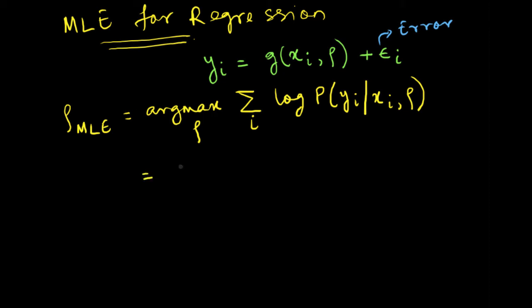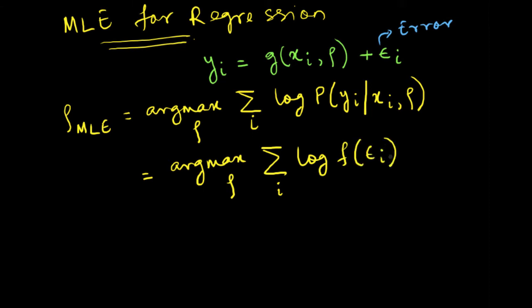So this is equal to arg max over rho summation over i log of the distribution of epsilon i, because epsilon i is a continuous random variable, so we worry about its distribution.